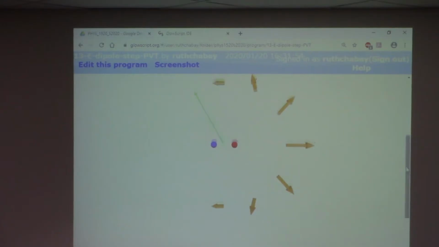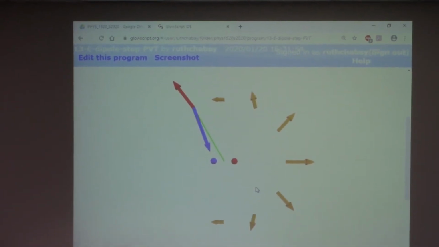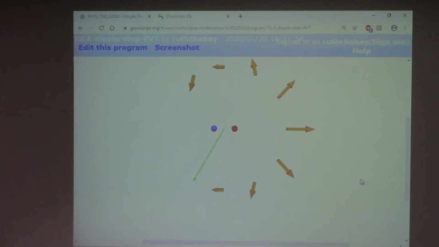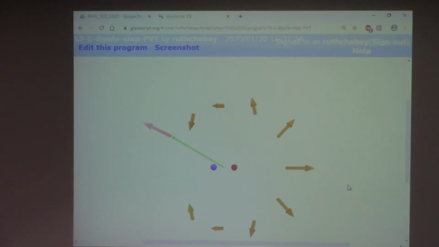Okay, we've got positive charge, negative charge. Now the negative charge is a little bit closer. We get a field like this. Down here, positive, negative, kind of like that. Over here, here's the positive charge's field, there's the negative charge's field.